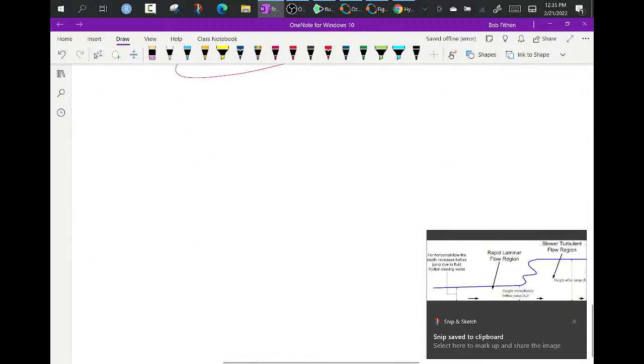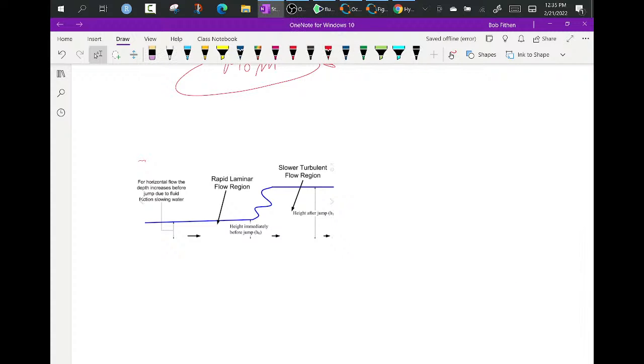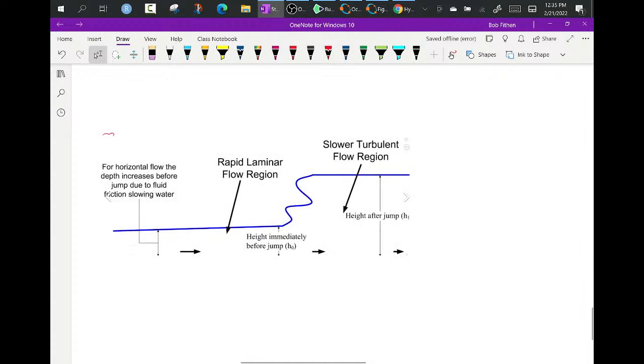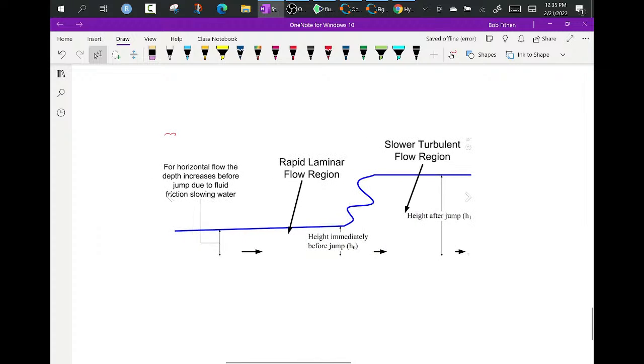It's probably not the best picture in the world, but so what happens is, let me add my problem to it. I'm going to match his color movement.